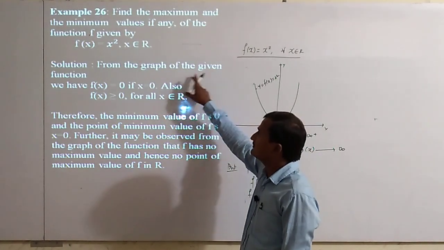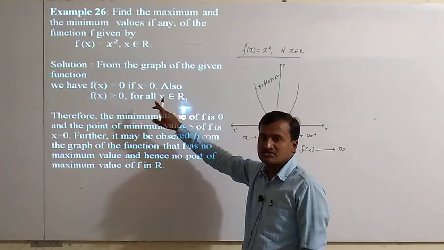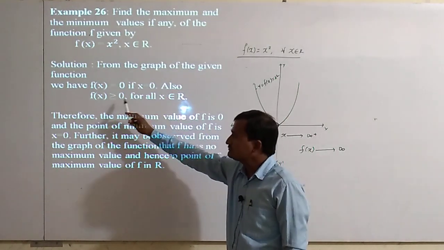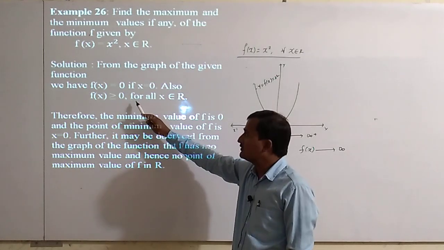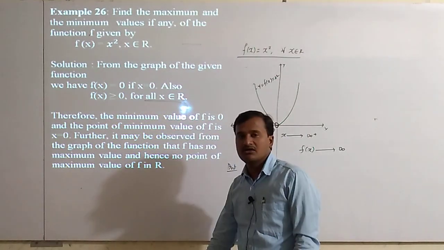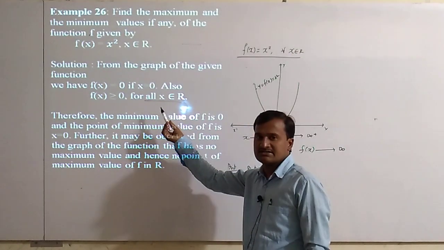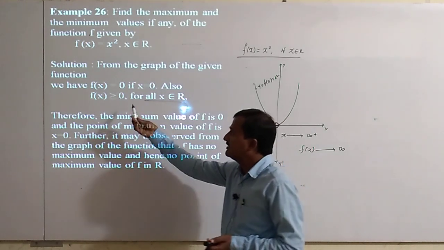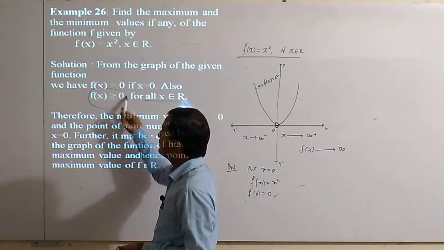The same I have explained from the graph of the function. f of x is more than or equal to 0 for all x belongs to R. What is the meaning of this? Whatever the value of x, either plus infinity or minus infinity, f of x is always more than or equal to 0.